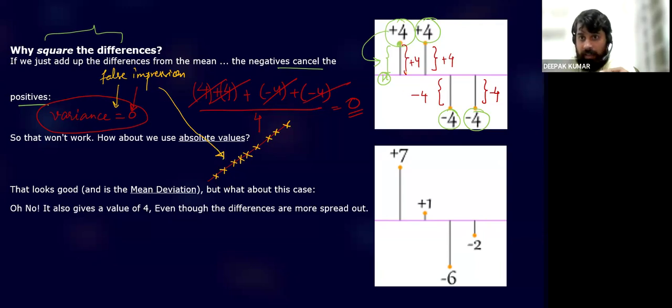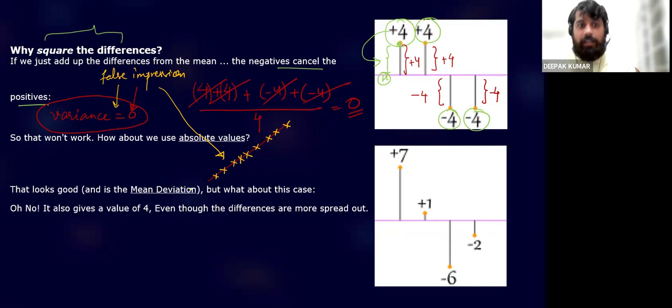Can you see here? The points are there. There is a +4 difference and a -4 difference. There is a spread, there is a distribution, but still the mean is 0. If you simply add them and divide by 4, it gives the impression that the variance becomes 0.